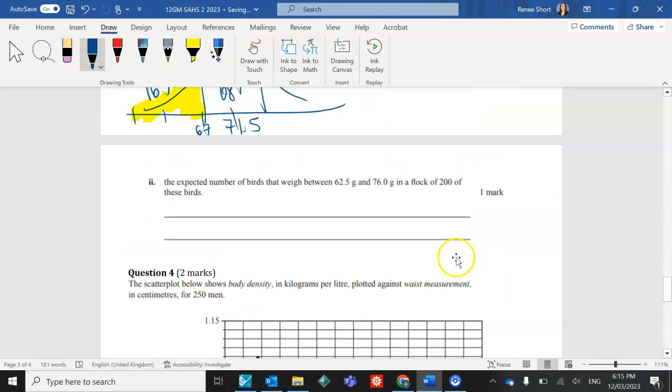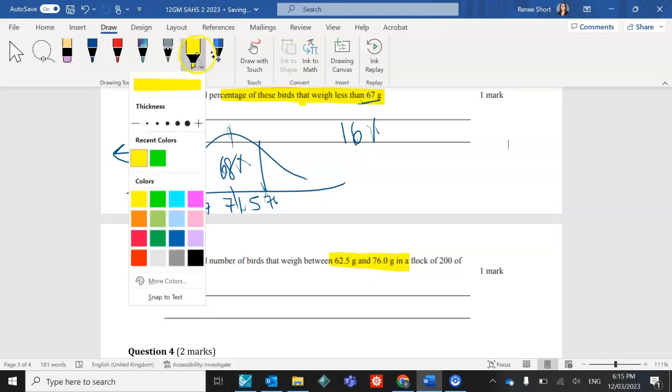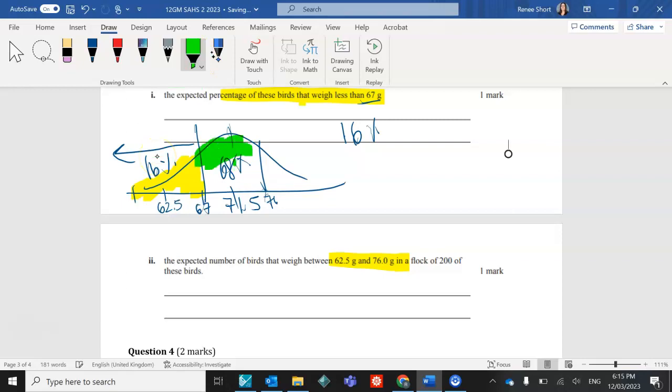The last bit then wants to know the number of birds that weigh between 62.5 and 76.0 grams. So if I fill in the rest of my diagram, this here would be 62.5 grams, and then this one standard deviation here would be 76 grams, because that's me adding on 4.5. So the number that weigh between 62.5 and 76 is actually all of this here, how many fit under there.